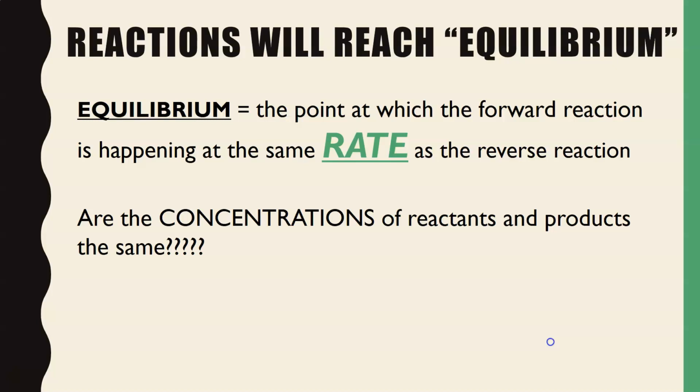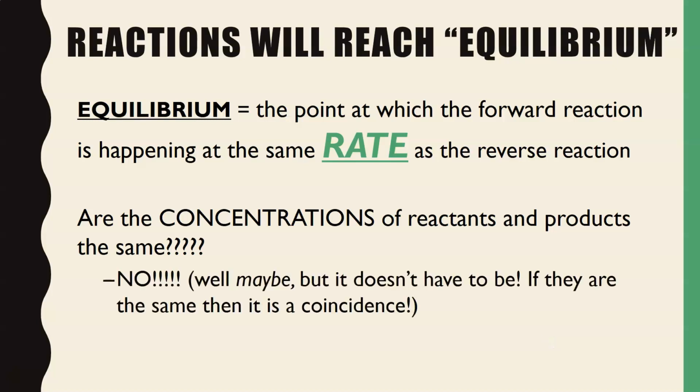So the concentrations do not have to be the same, just the speed at which things are being made and used up is the same. Sometimes they might be equal concentrations, but that's just a coincidence. It's not on purpose, okay? The concentrations do not have to be the same.